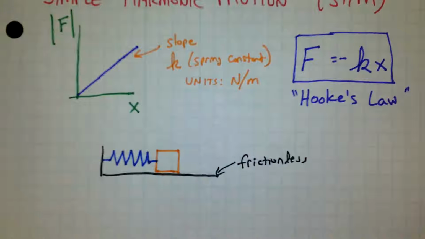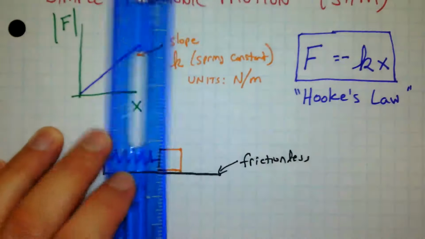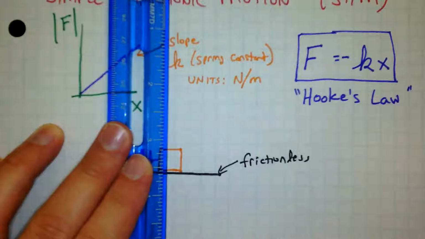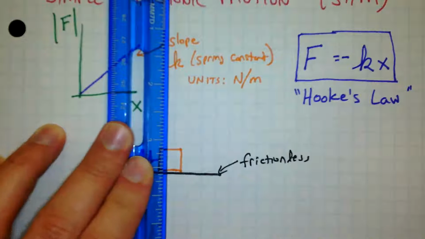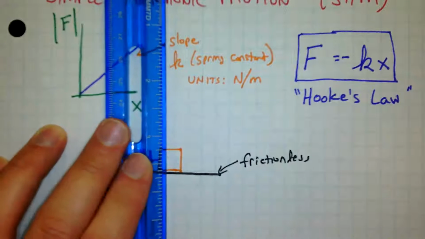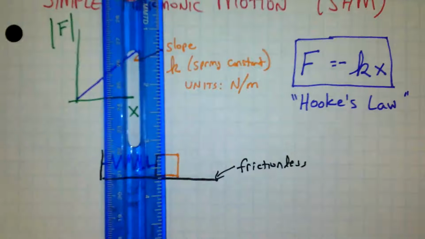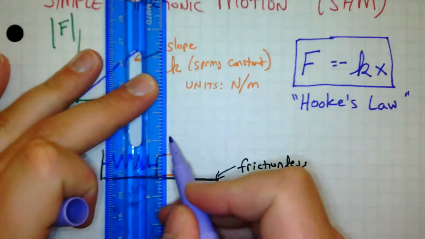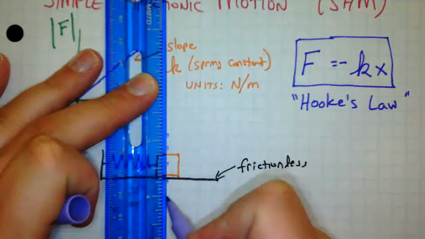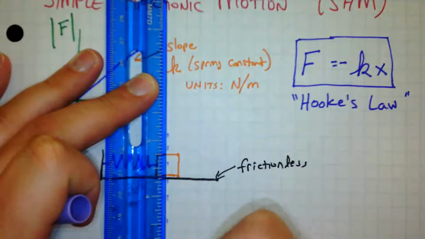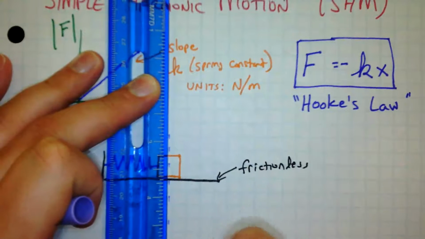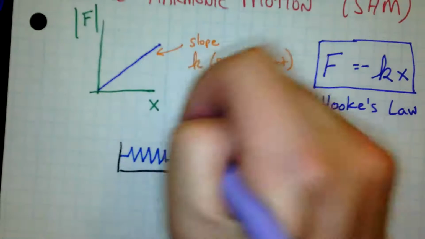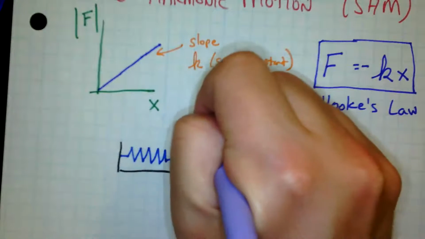I'm going to say that this is the point where it naturally wants to be. This is a point we're going to call equilibrium. So I'm going to drop a dotted line down here, because I'm going to plot the location of this object over time. I'm going to call this the equilibrium point.